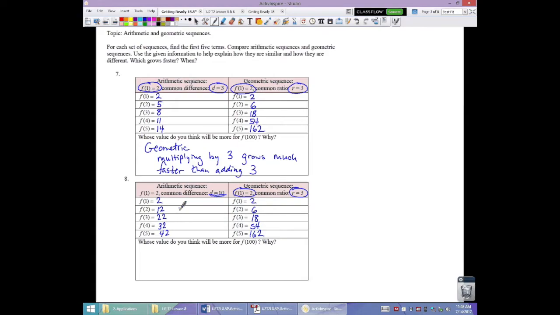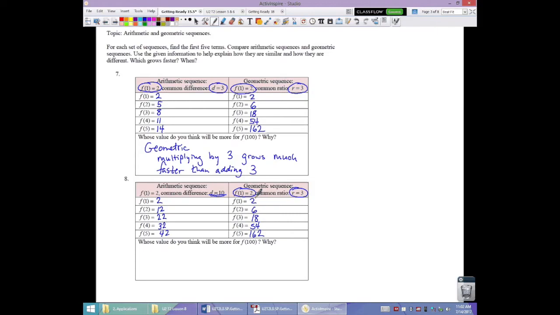Well, now the arithmetic sequence stayed larger a little longer. Up here, by f of 2, our geometric sequence was already a larger number, and it never relinquished that. But down here, number 8, the arithmetic stays larger at f of 2, at f of 3, but by f of 4, our exponential function, our geometric sequence, has surpassed it, and it will never give that up.